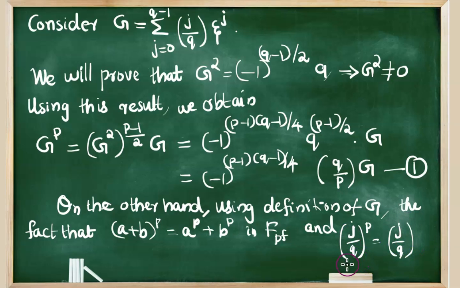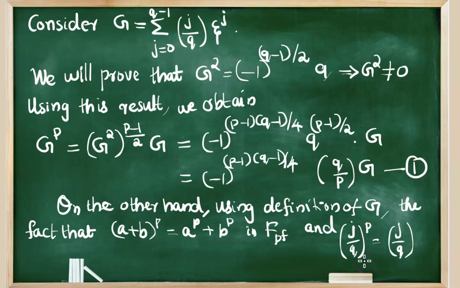We can observe this relation when (j/q) is equal to 0, minus 1 or plus 1, since 0 raised to p will be equal to 0 itself, similarly 1 raised to p will be equal to 1, and minus 1 raised to p will be equal to minus 1 itself since p is odd.